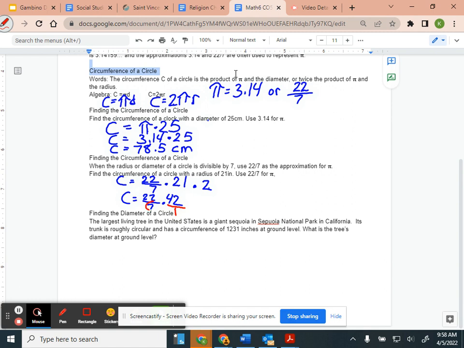We can cross simplify. If I divide a 7 out here, I can divide a 7 out here, and what am I left with? 22, right? Because 7 divided by 7 is 1, and 42 divided by 7 is 6. So what is 22 times 6? 132.